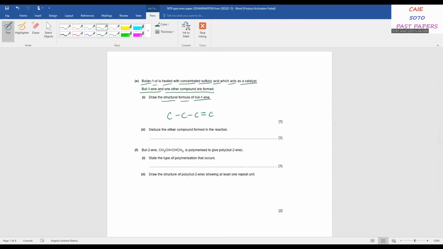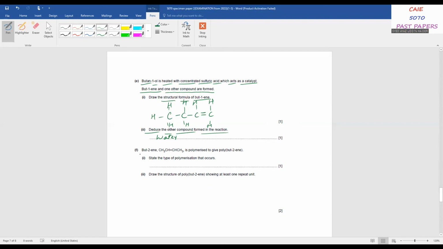Now complete the valency of each carbon. Deduce the other compound formed in this reaction. Water is produced in this reaction.